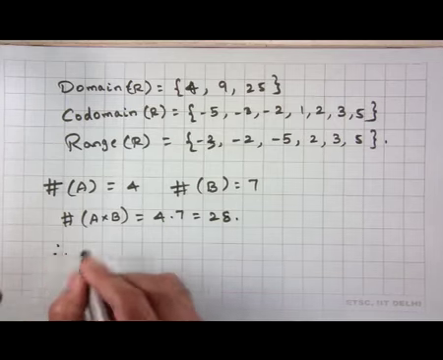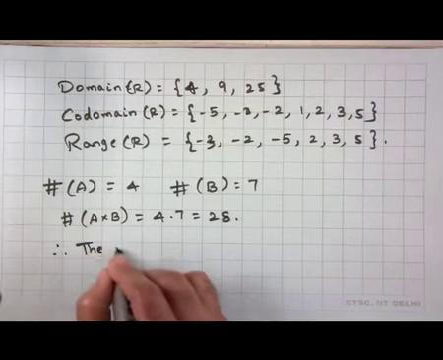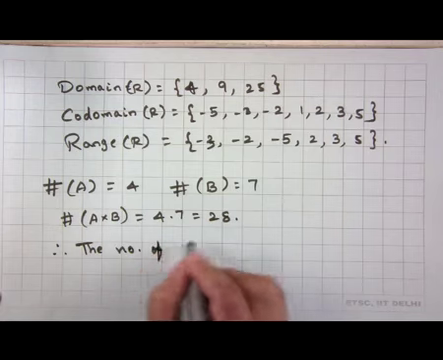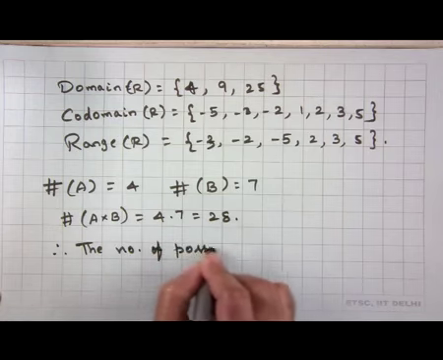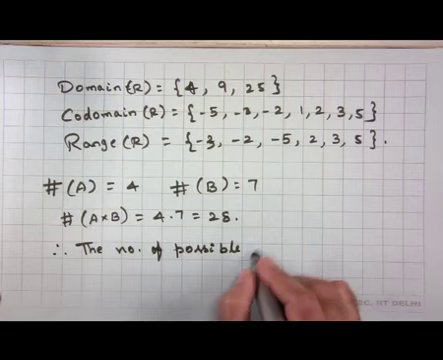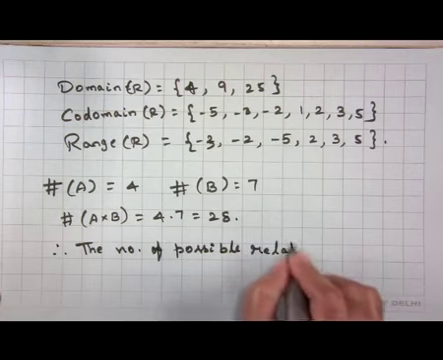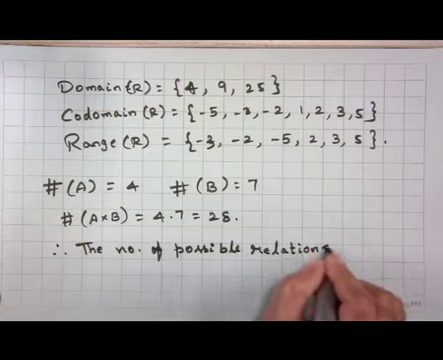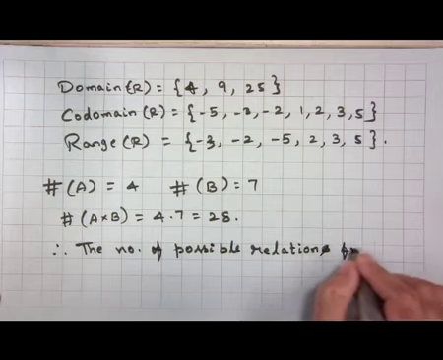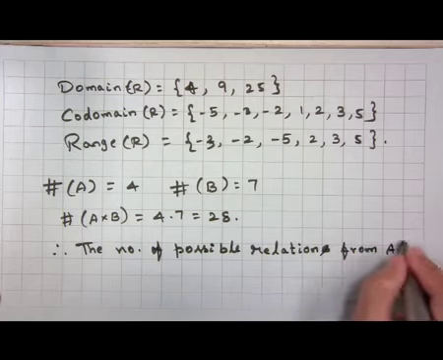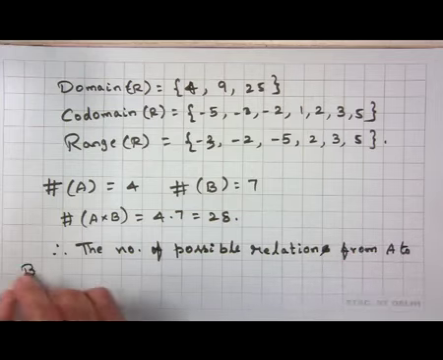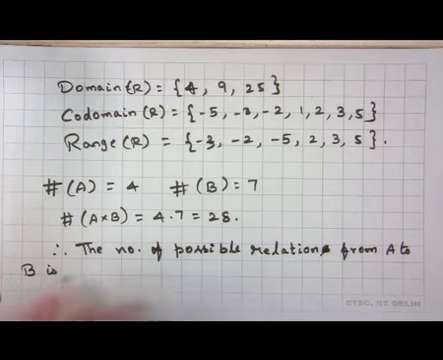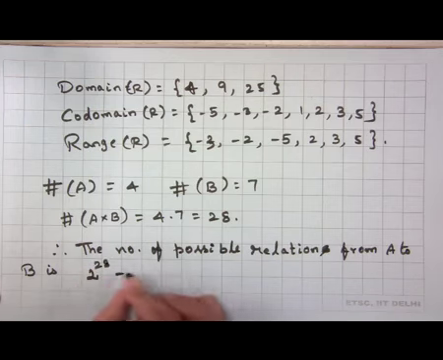Therefore, the number of possible relationships or relations from A to B is 2 power 28 minus 1.